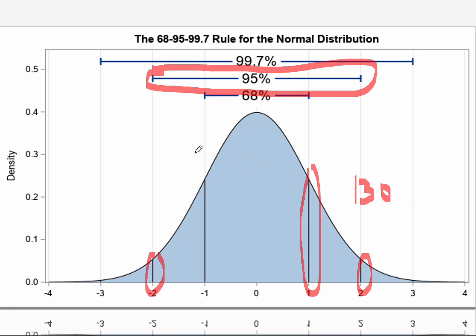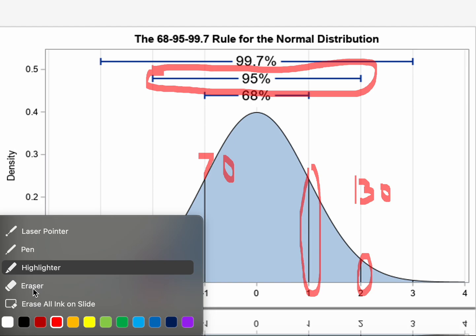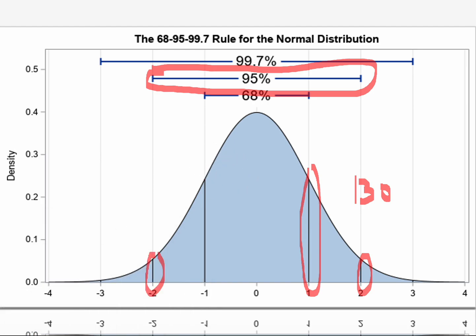And then going below, it would be 70. Oops, sorry. I gotta erase that. That's 85, and 70 would be 2 standard deviations below.